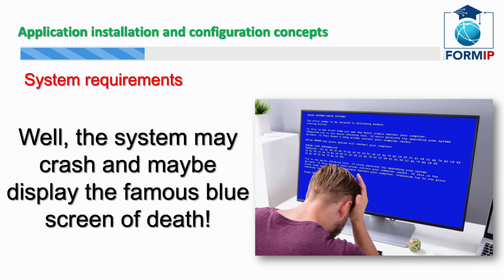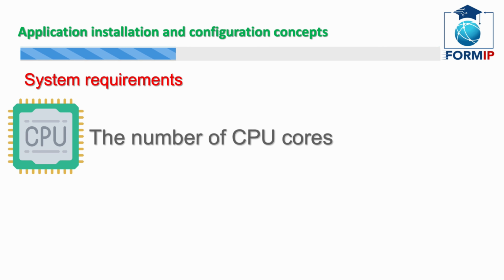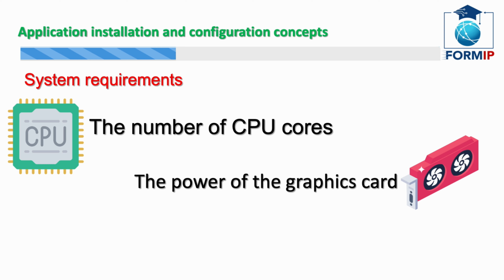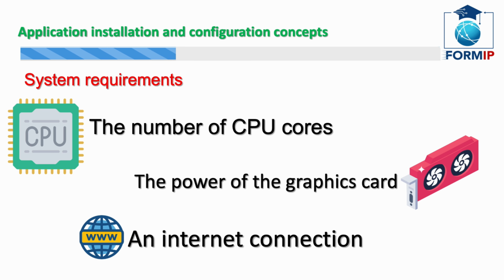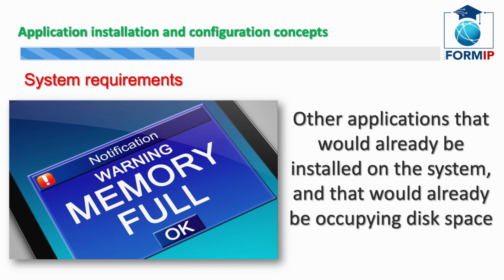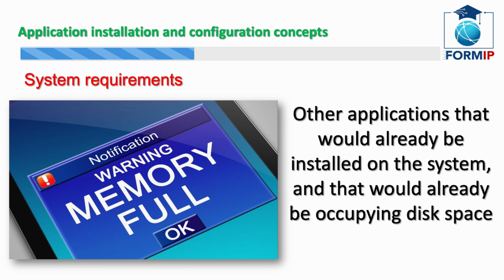So even if RAM and storage space are two important elements to check, in terms of prerequisites, there may be other elements such as number of processor cores, graphics card power, or even an internet connection. The last thing to take into account is any other applications that may already be installed on the system and which may already be taking up disk space or using a certain number of resources.